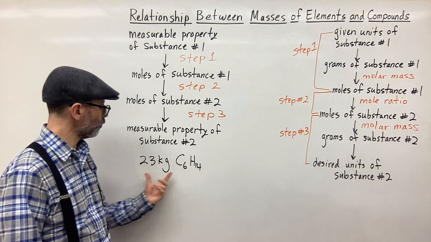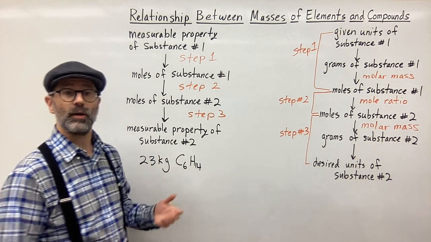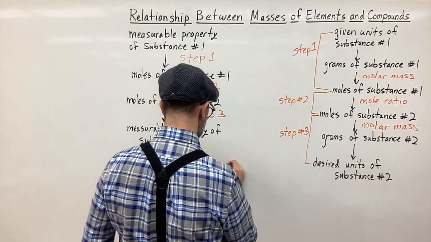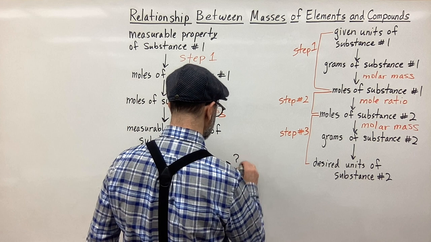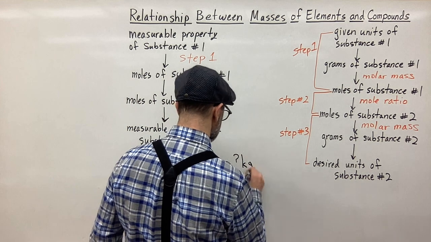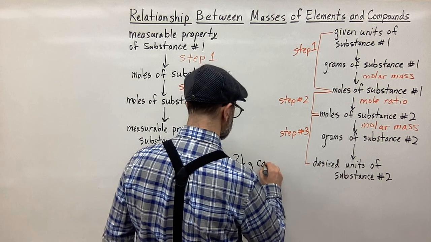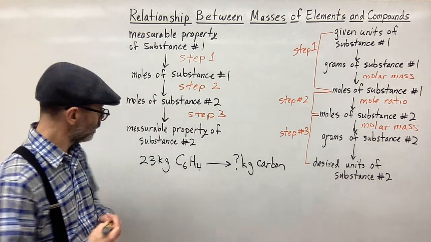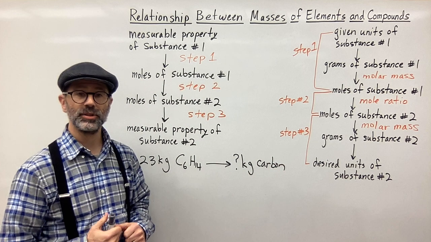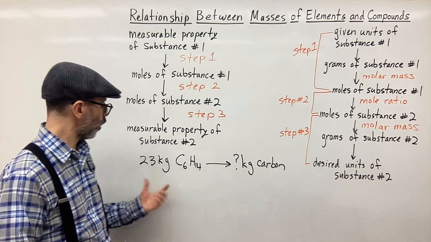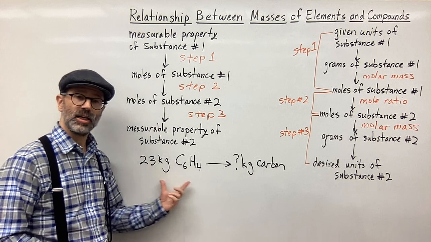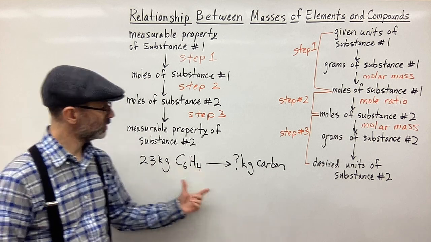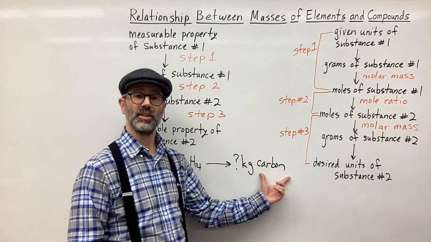I have 23 kilograms of hexane, but they want to know how many kilograms of carbon I can get from 23 kilograms of hexane. So I'm going from the mass of one substance to the mass of a different substance, carbon.